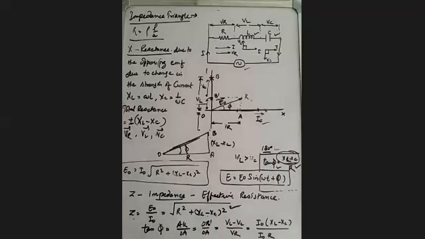Now reciprocal of impedance is called admittance.